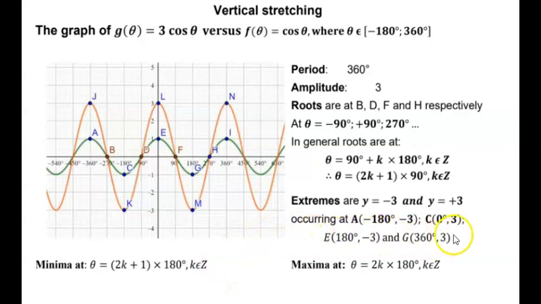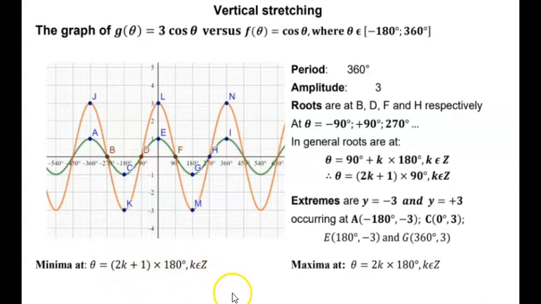There are simpler ways, but the reason why we write this 2k plus 1 like that makes our calculations easier, and it immediately tells us that the roots happen at all the odd numbers times 90 degrees, the maximum at all the even numbers times 180 degrees, and the minima also at all the odd numbers times 180 degrees.